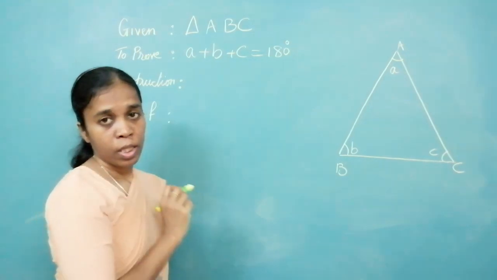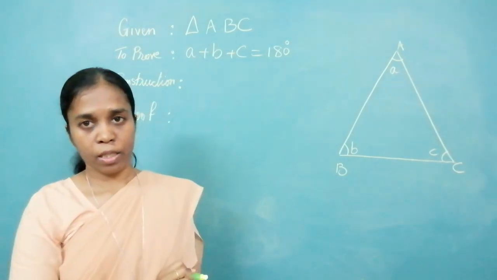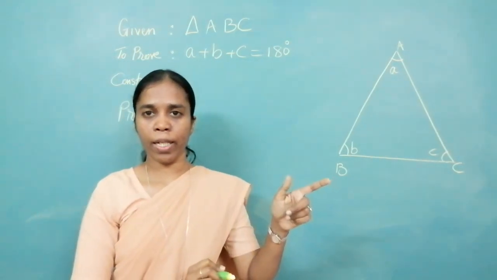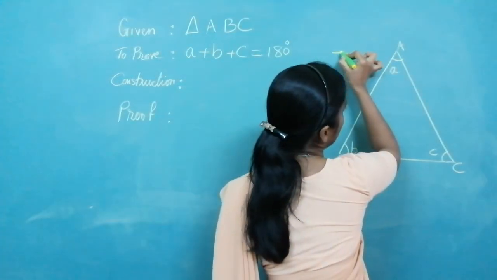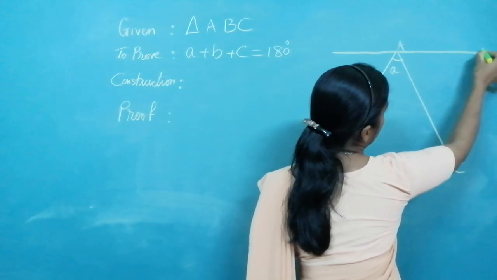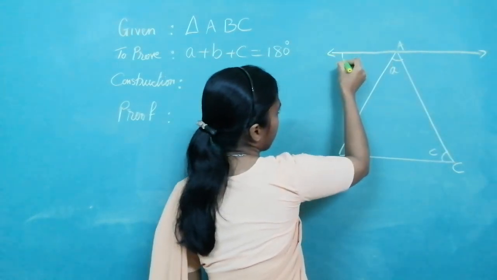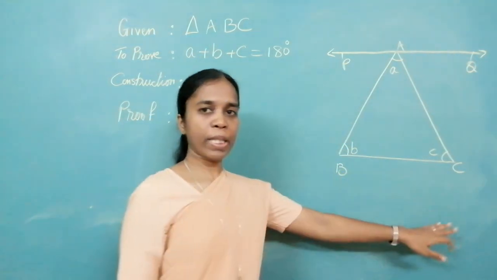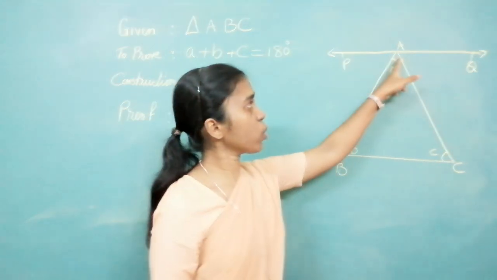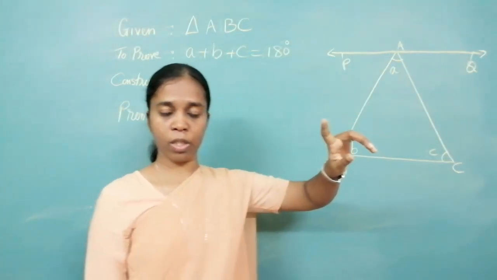Now, in this case, to use the properties of parallel line, I have to create parallel lines. So I am going to draw a line over here. I am drawing a line PQ parallel to BC passing through the point A. It is very important. Construction.